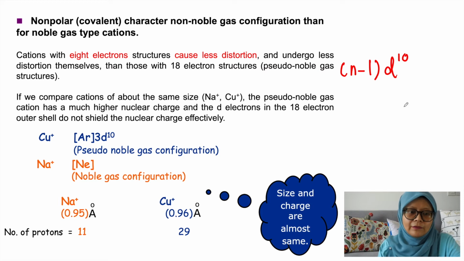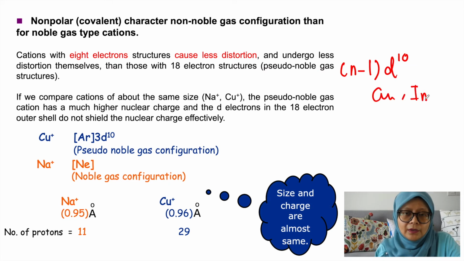With d10. For example, copper, and then we have indium, and so on. So they have pseudo noble gas structures or pseudo noble gas electron configuration. In this example here, we have copper 1 and also sodium.